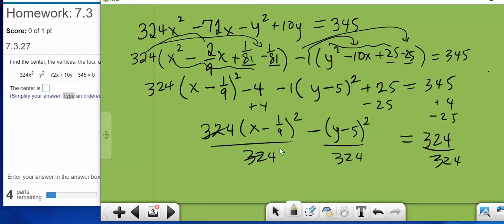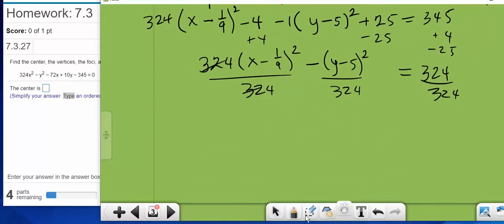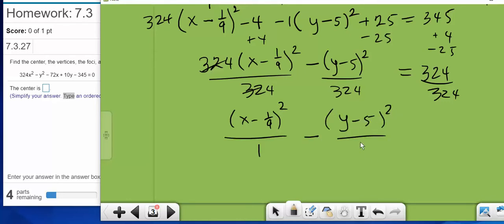That one cancels. Okay, so we got x minus 1/9 squared over 1 minus y minus 5 squared over 324 equals 1. The square root of 324 is 18. Okay, so we'll remember that.